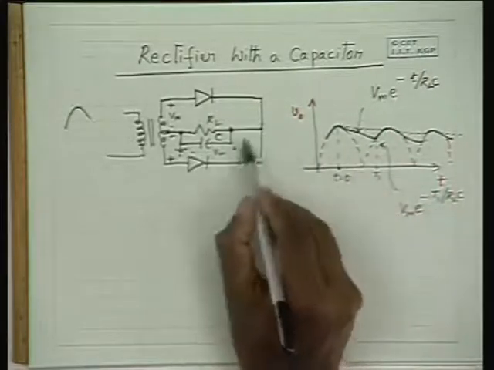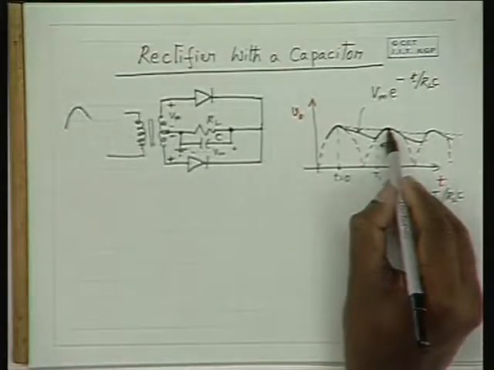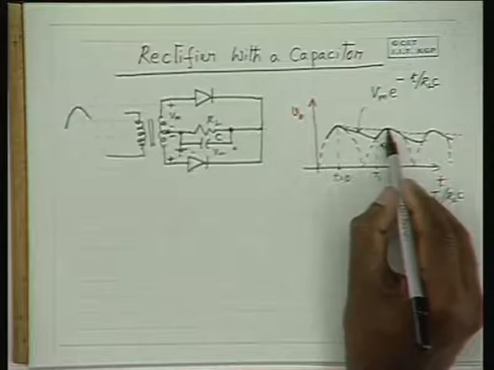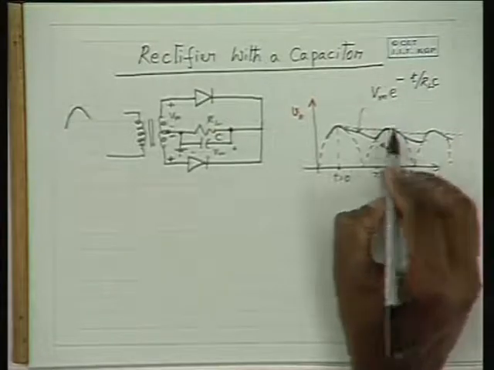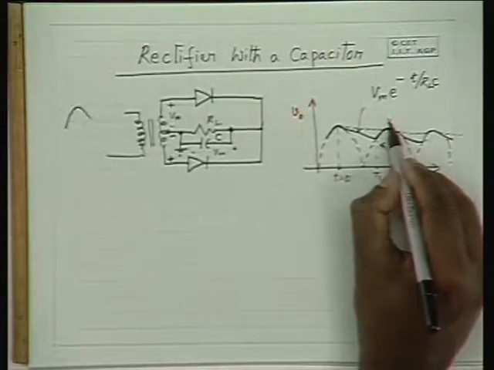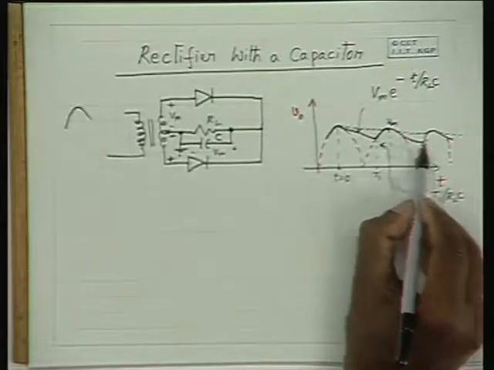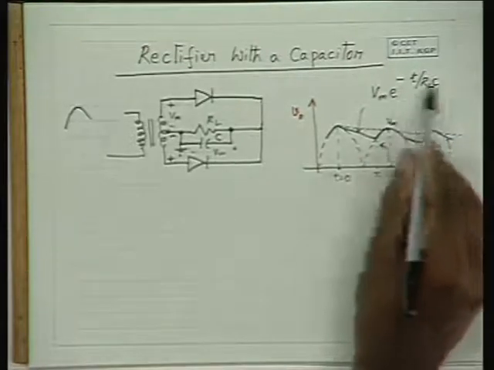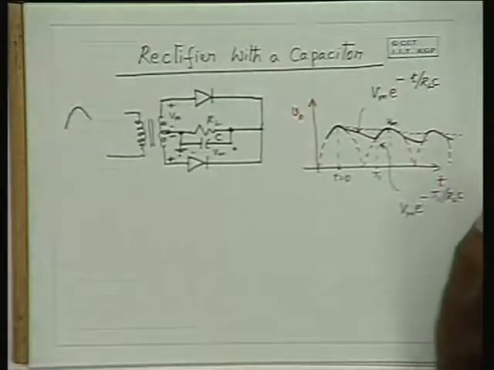And since the charging time constant is very low, again the capacitor voltage will rise to Vm. And during the next half cycle, it will again discharge exponentially with a time constant equal to RLC.